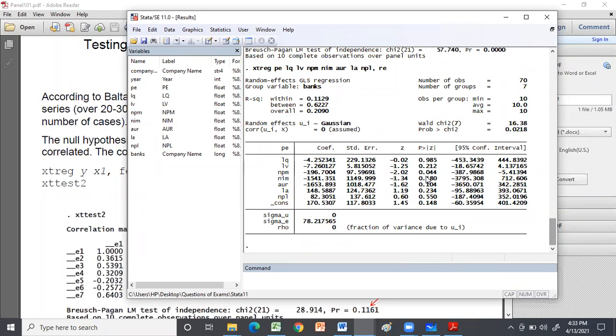And all other independent variables are still found insignificant in explaining the variation in the dependent variable price earning ratio. Can you all see it from the output? Yes, sir.